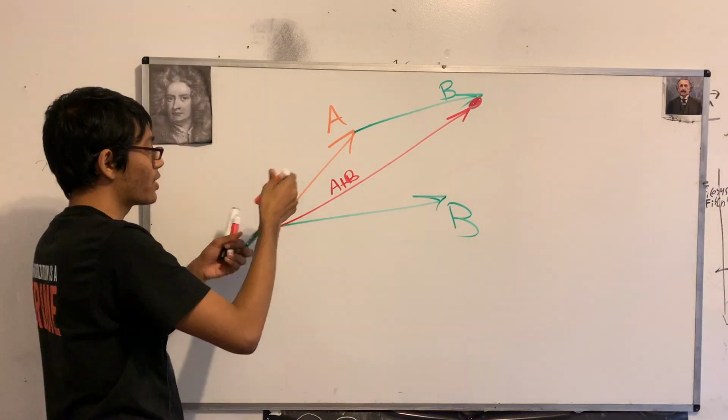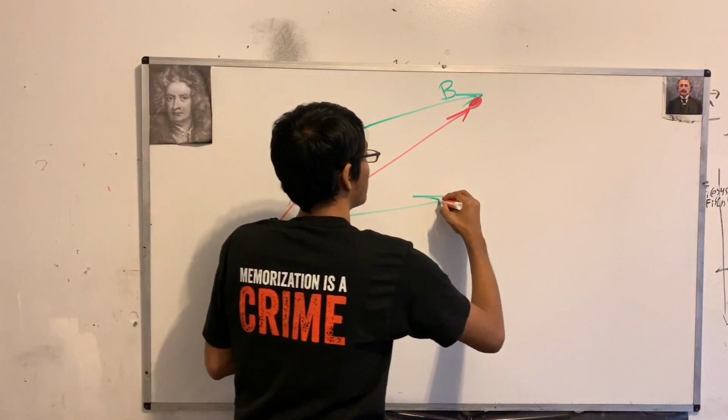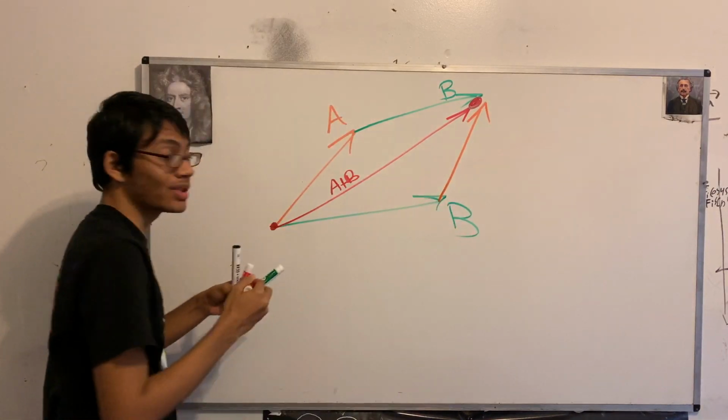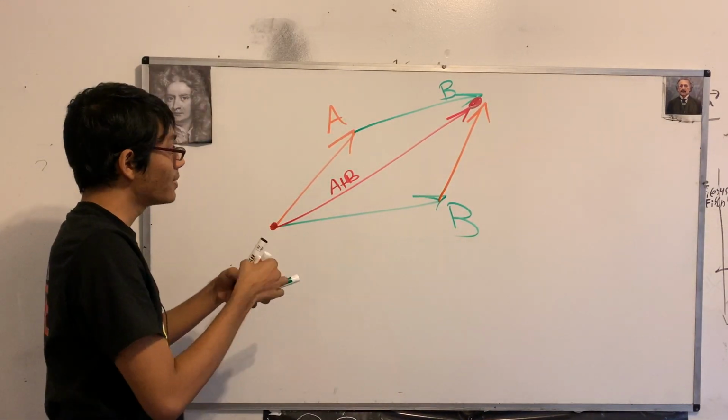Now I'm going to start with my vector A, shift it over here, and once again, you end up with a parallelogram.